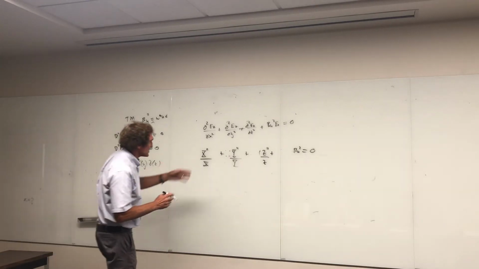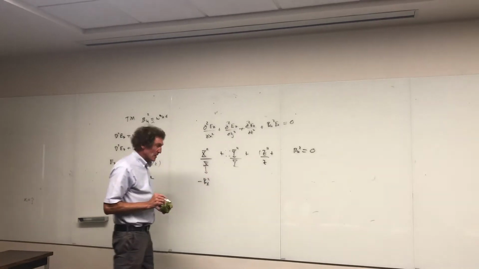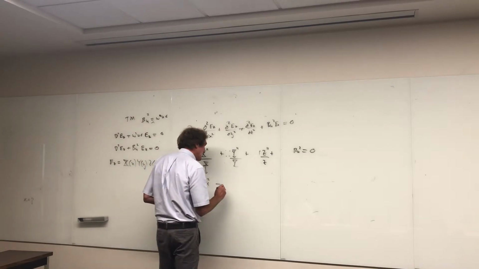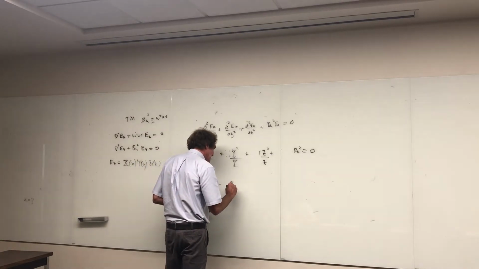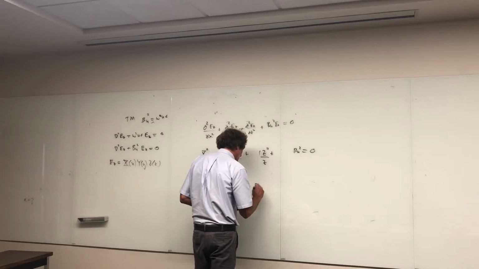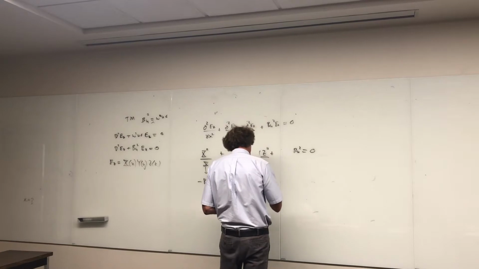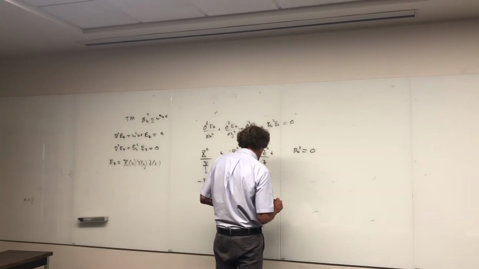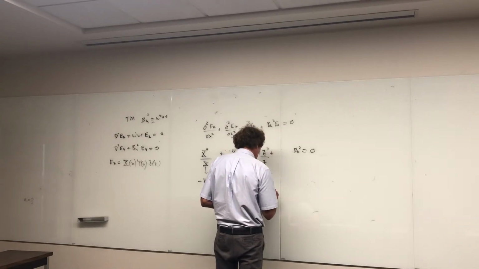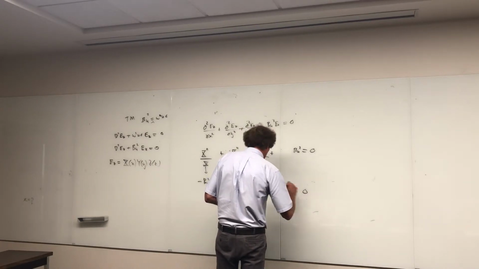So we call this, right here, minus beta x squared. That's what this is. It's going to be minus beta y squared here, minus beta z squared. That's what this is. Y double prime over y becomes this, and then z double prime over z becomes that. And it's going to be plus beta unguided squared equals 0.